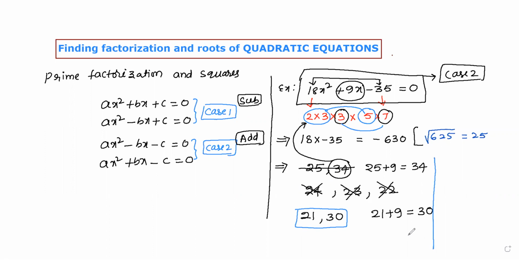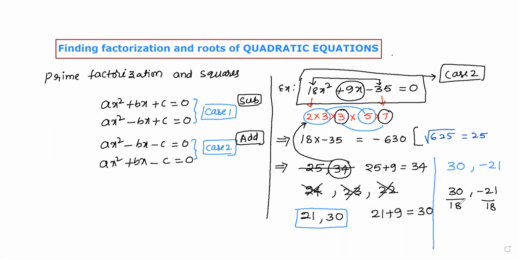Let us adjust the signs, so that the sum is positive 9 and the product will be minus 630. So positive 9 we want. So I am taking 30 as positive and minus 21. After that, we have to divide these two numbers individually by the coefficient of x square.